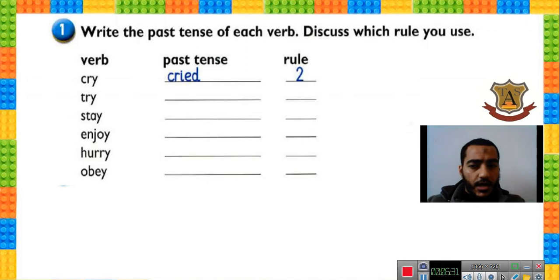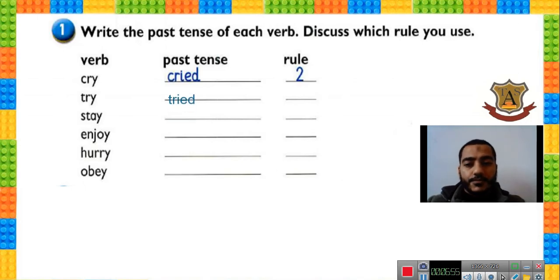Here answered: cry becomes cried. Y before it is a consonant, so it's rule number 2. We change Y to I, then ED. Try, the same. Try, consonant, Y. We erase Y and put I, then ED, rule 2.